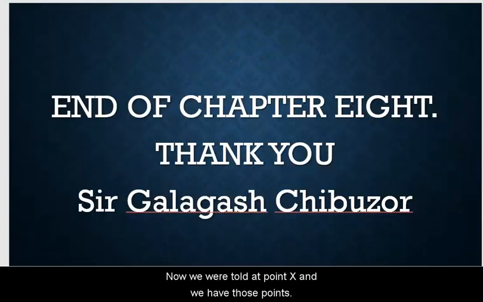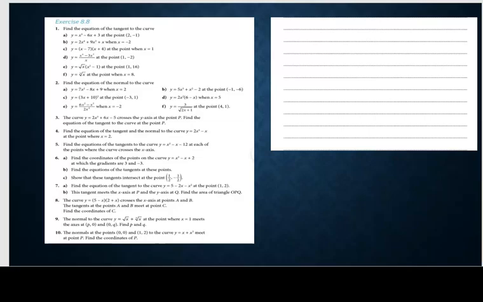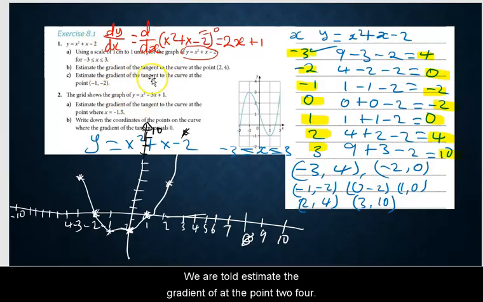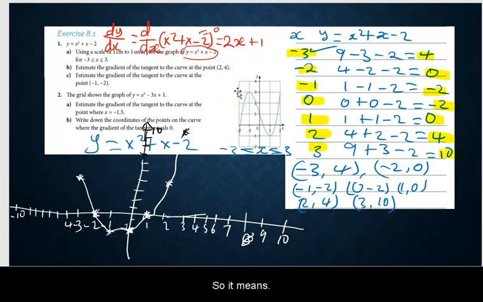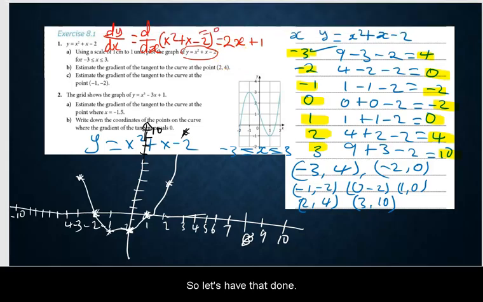Now, we were told at point x, and we have those points. Let's look at those points that we were told. We are told to estimate the gradient at the point (2, 4). So let's have that down.